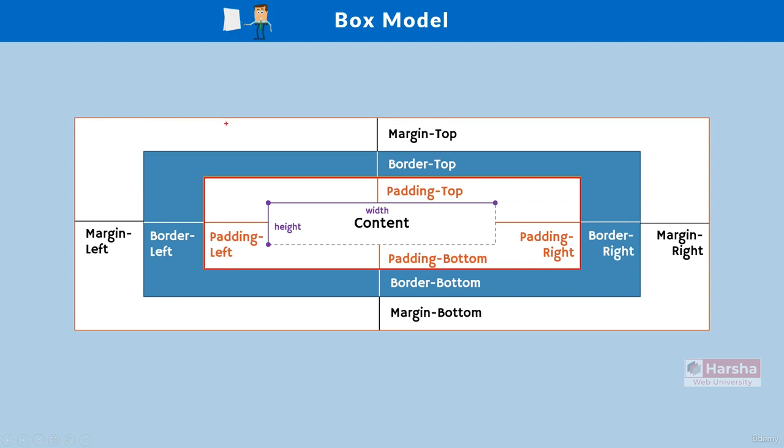Here, margin box is not at all recognized because margin is a space between one element to other element. Here we have only three options, that is content box, padding box, and border box.